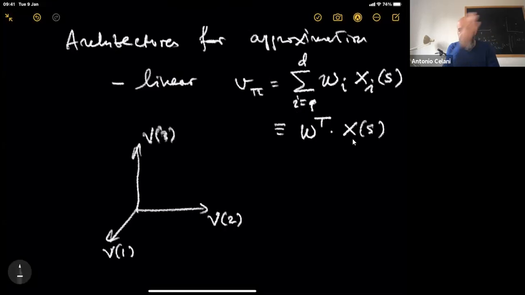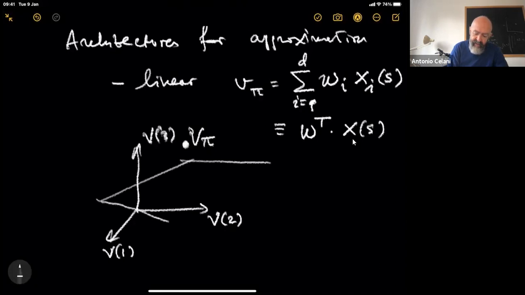And then there are many, many other dimensions which I'm not able to draw, of course. What this linear approximation is doing is that, in fact, it's trying to represent every. So suppose that my value of a policy is a vector here. This is the true value of the policy. And then what this approximation is doing is that it's actually using a linear subspace.